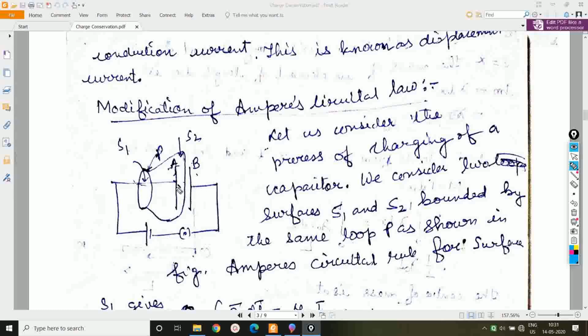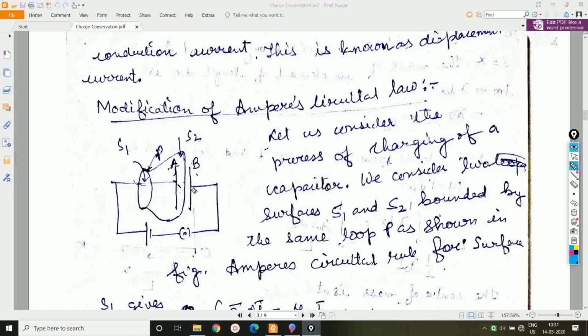So as time progresses, more and more electrons are moved from plate A and deposited on plate B, and the capacitor is said to be charged. Initially the current is high, but as the capacitor charges, more and more electrons are removed from A and deposited in B, and charge increases, the current decreases. This type of current is known as transient current.